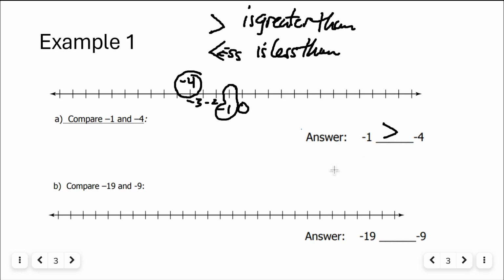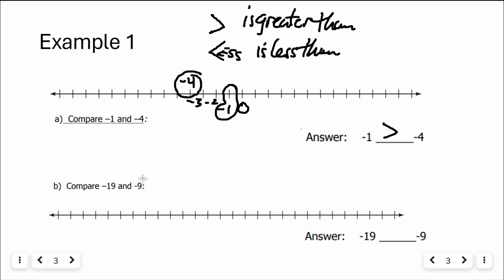It's larger than that. Okay, compare -19 and -9. So from 0, I don't necessarily want to draw it out on here. I don't want to make 19 spaces over there. I want to compare the two, though. Which one is better? Owing somebody $9 or owing them $19?